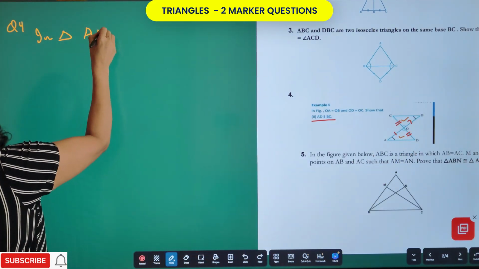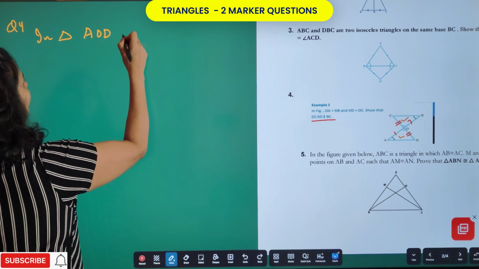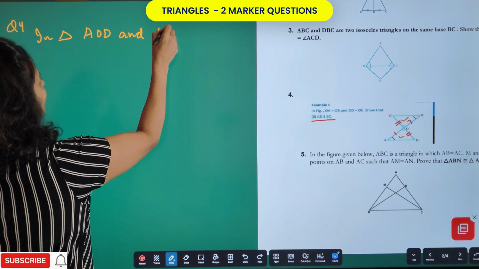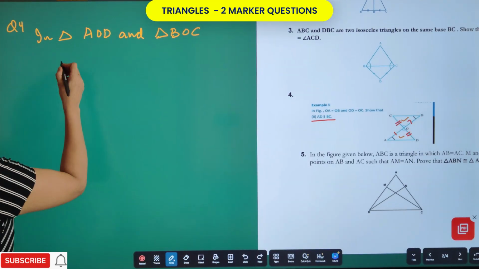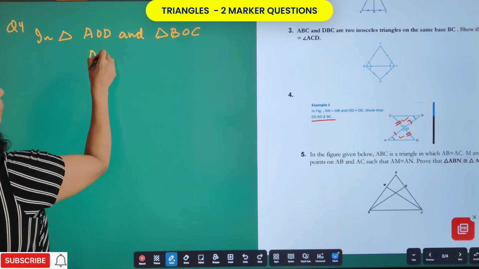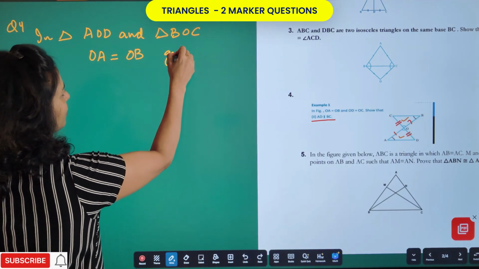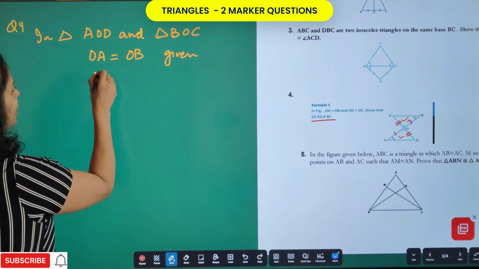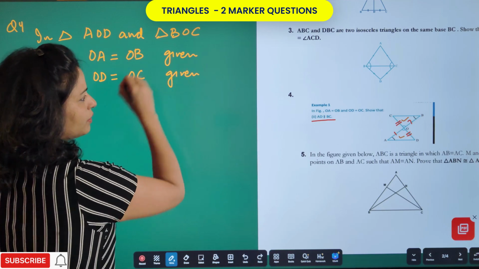So in triangle AOD and triangle BOC, we can say OA is equal to OB, which is given to us. Also OD is equal to OC, this is also given to us.